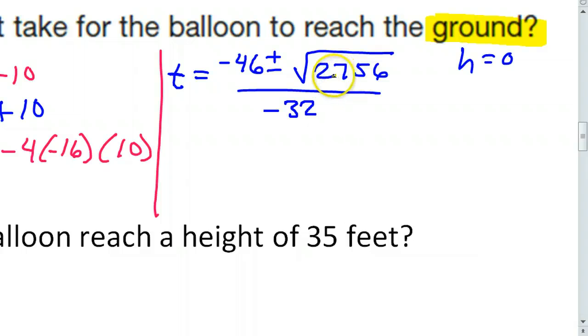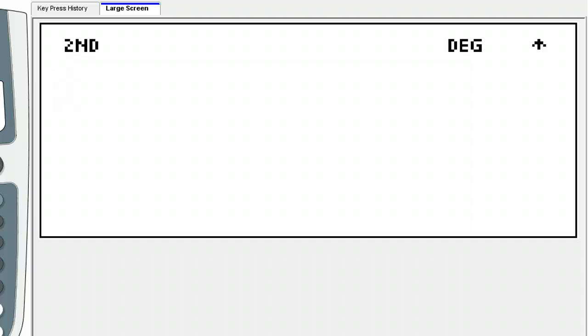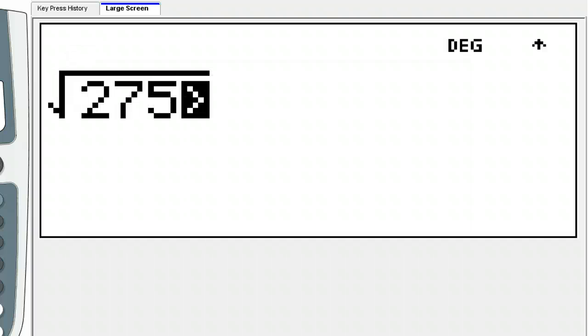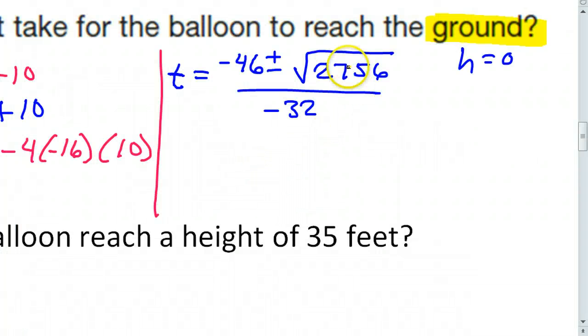Alright, so all we really have to do is simplify this. Let's see what the square root of 2,756 is. Okay, it's this whole decimal. So that doesn't really help us. So here's what I think we should do instead, since that's not a simplified radical or anything.